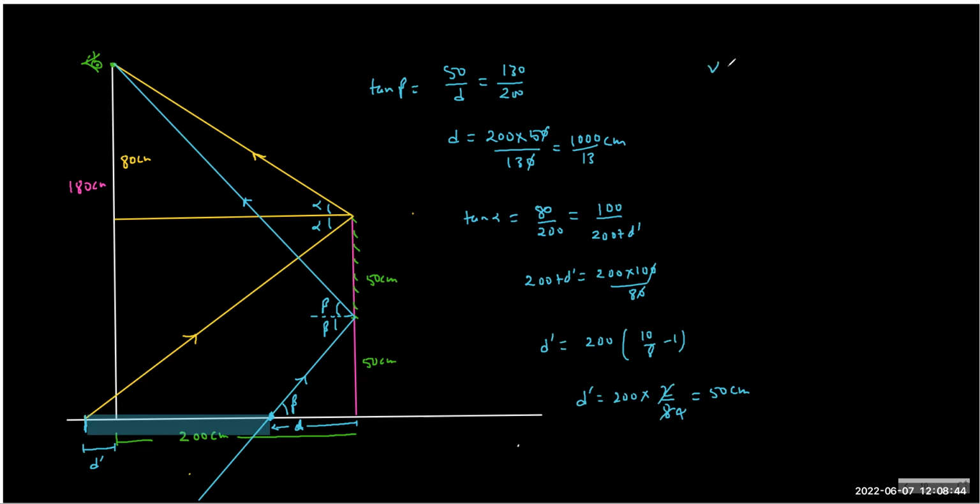So the total distance visible is how much? The total visible length will be d dash plus 200 minus d, right? Isn't it? And do this.